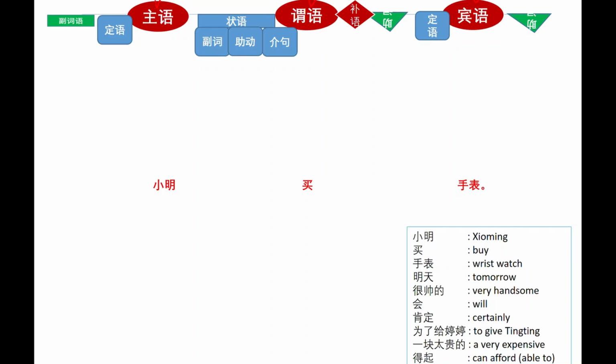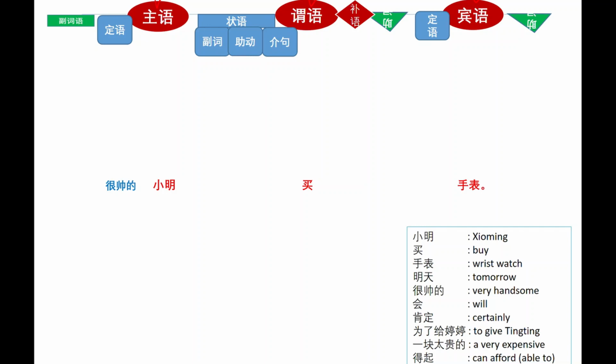Then what? 定语, modifying the 主语 here, 小明. The subject 小明 is 很帅的, very handsome. So, shall we read it again? 很帅的小明买手表. Good.